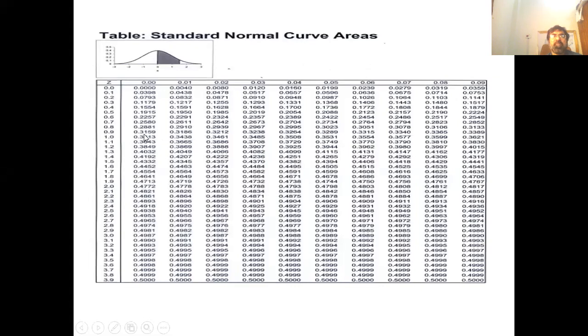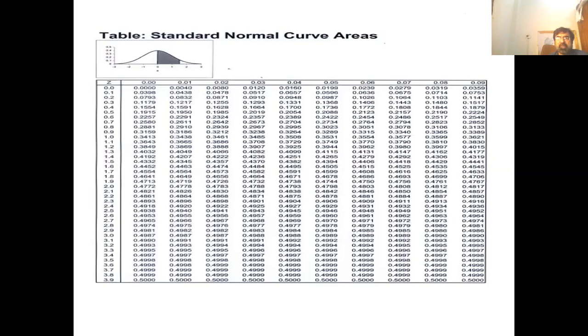So 0.3500, 0.35, 0.3508, which becomes the nearest area, and this area falls below 0.04 and 1. So when you add up both the values, it becomes 1.04.